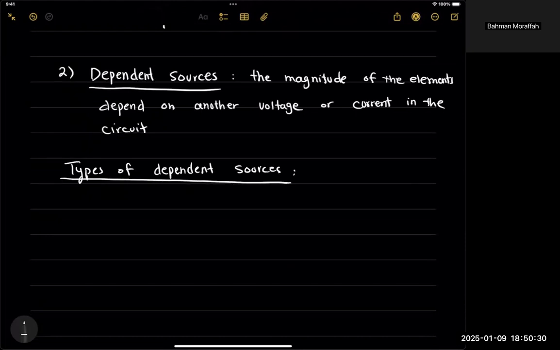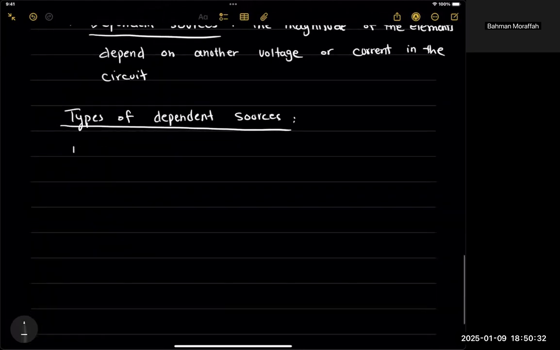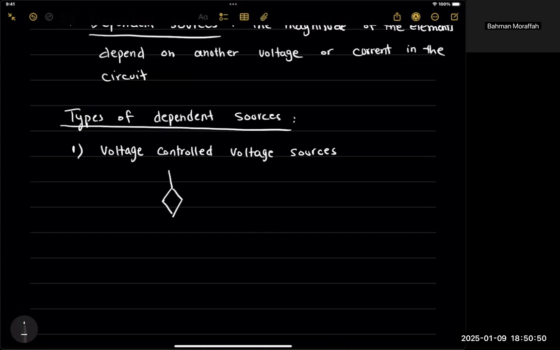The first type is voltage controlled voltage sources. What it means is that we have a voltage source, and we usually use diamonds.